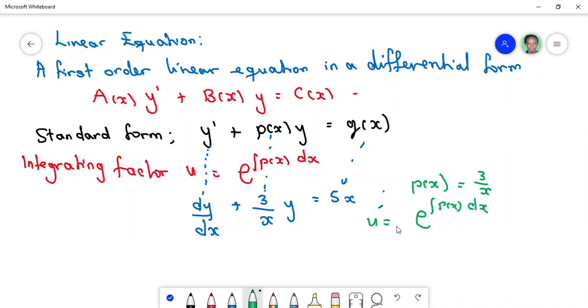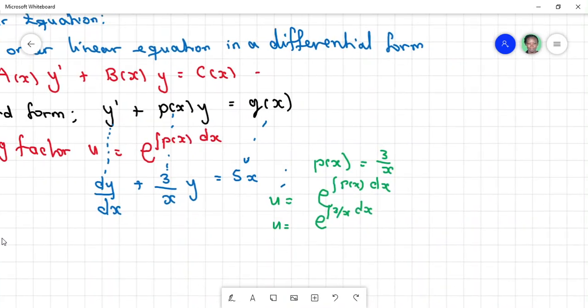That is my u from here. So u is going to be the exponential of the integral of 3 over x dx.